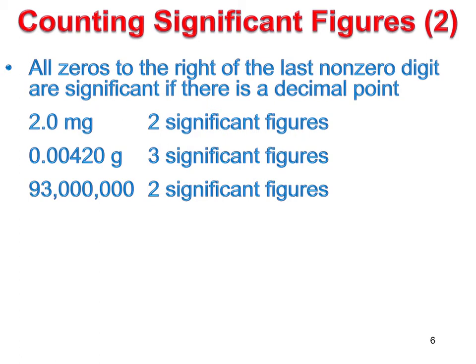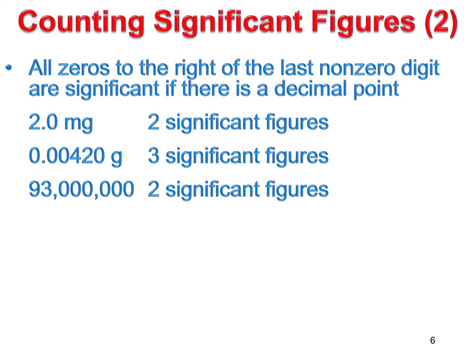All zeros to the right of the last non-zero digit are significant if there is a decimal point. In the first example, 2.0 milligrams, there are 2 significant figures. In the second example, 0.00420 grams, there are 3 significant figures. The first three zeros do not count.